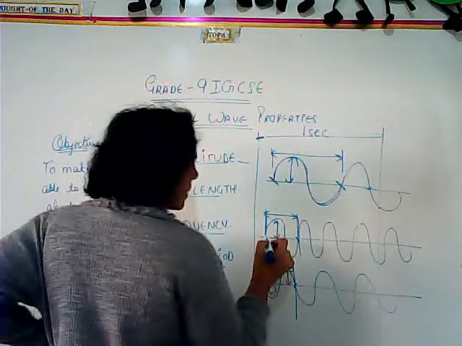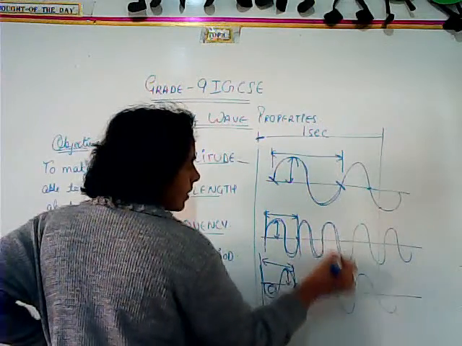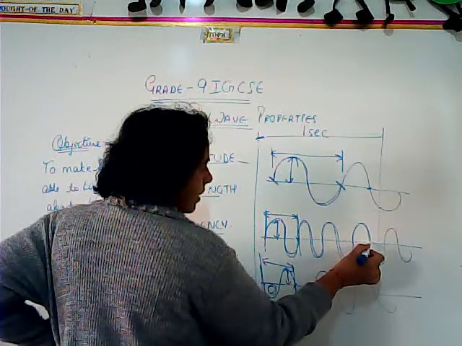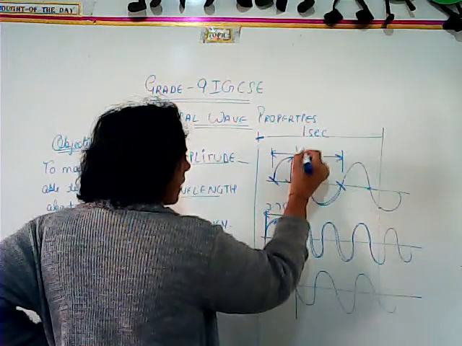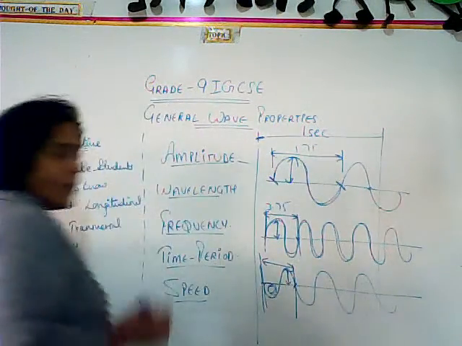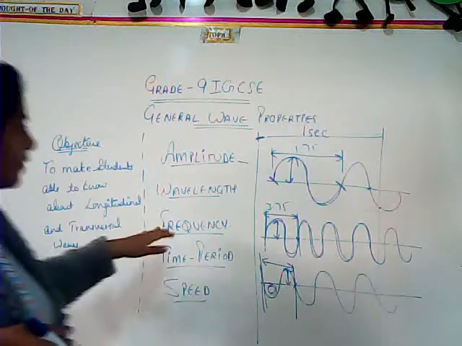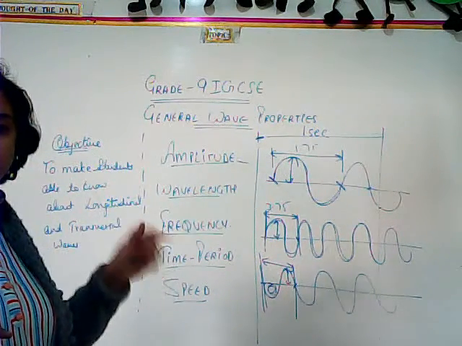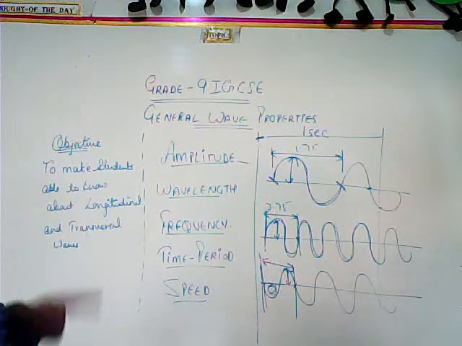In this case, one wave, second wave, third wave, 3.5 and 3.75. Meaning, in one second how many waves will pass? That is going to be your frequency. The number of waves passing through a particular point in 1 second, that is your frequency.